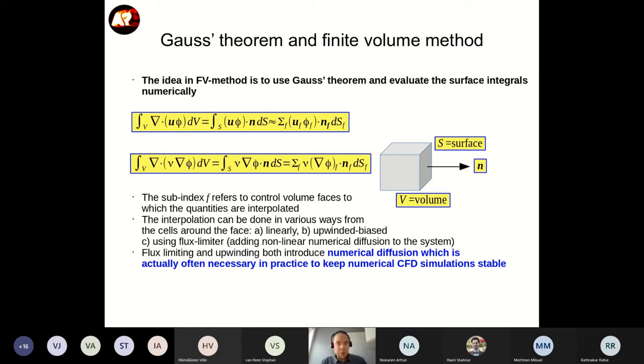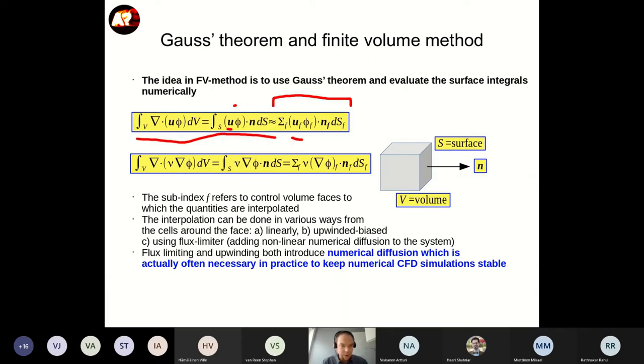So in practice, you have the mathematical side, and when you go to numerics, you have to estimate those surface integrals using sums. So basically these integrals are summations over the faces, and this velocity over here is an interpolant of velocity on the faces.